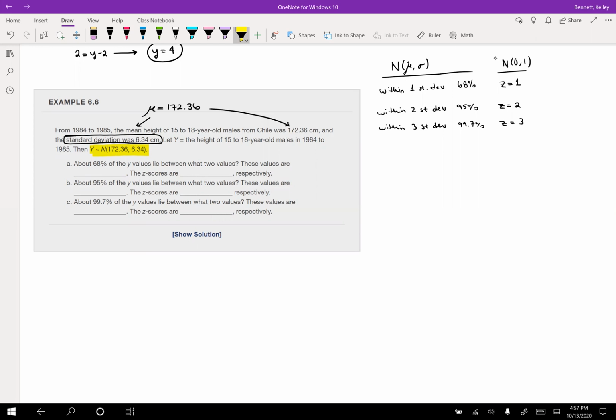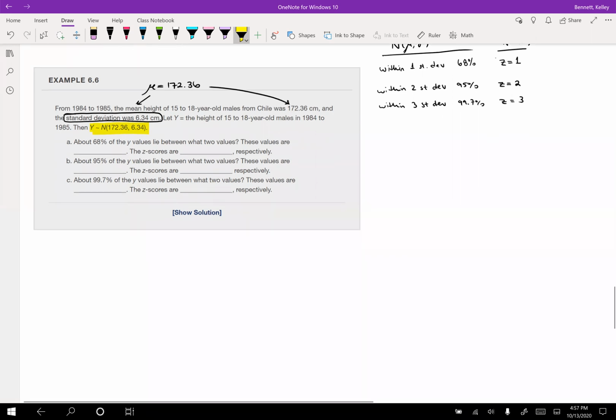So now we want to figure out what range of values are going to contain 68% of the data. So remember that 68% of the data corresponds with a z-score of 1. 95% of the data corresponds with a z-score of 2. And 99.7% of the data corresponds with a z-score of 3.